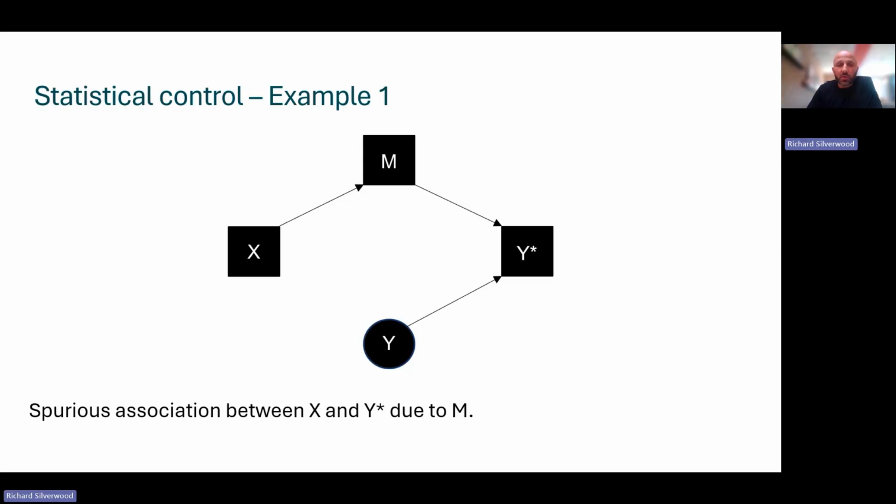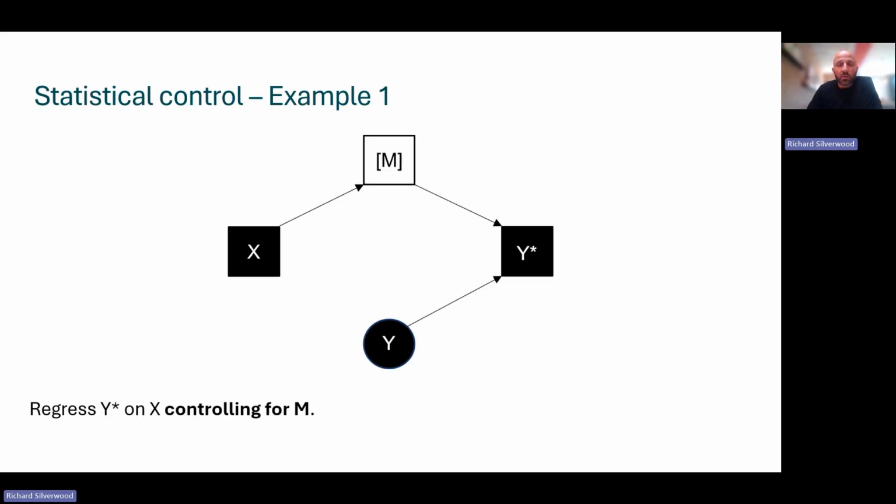We would be picking up this spurious association between X and Y due to M. In this simple situation here, we can overcome this by controlling for M. So if instead we fit a regression model of Y star on X and include the variable M, it will block the open path from X to Y star via M, and we will appropriately obtain a null estimate.